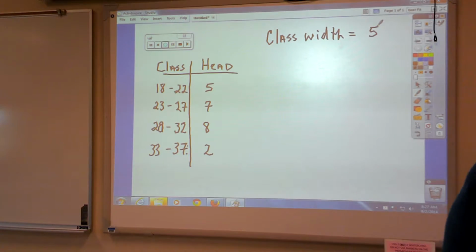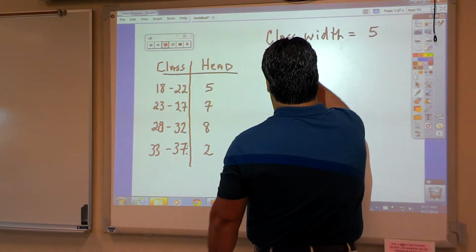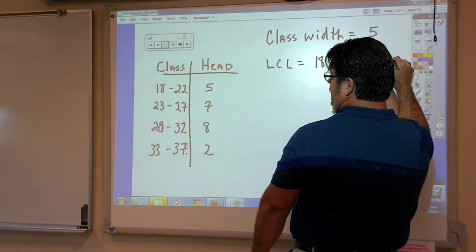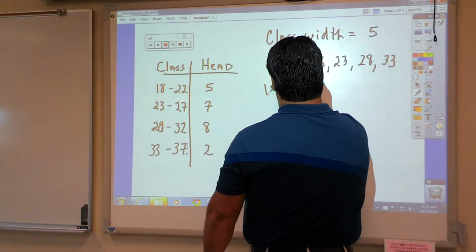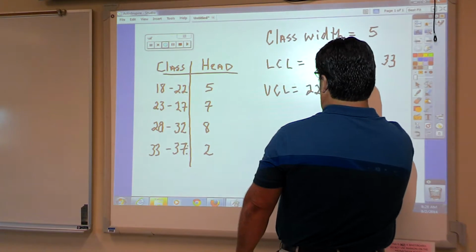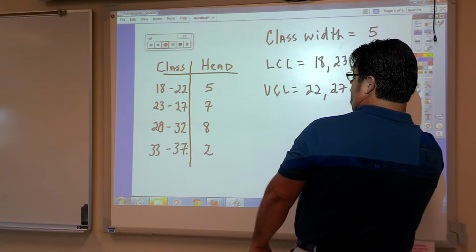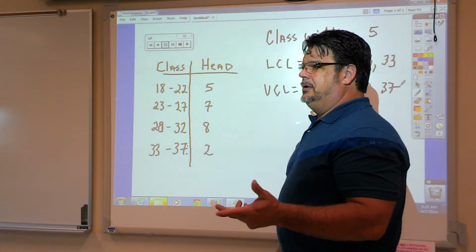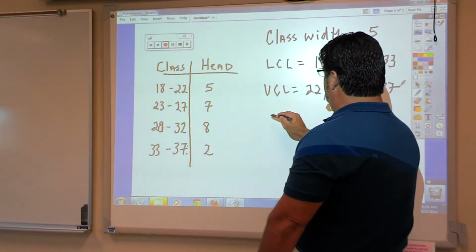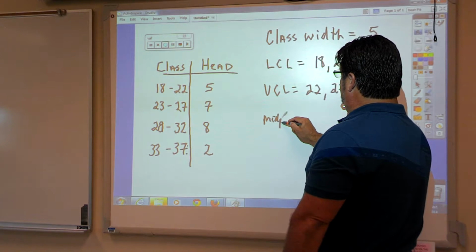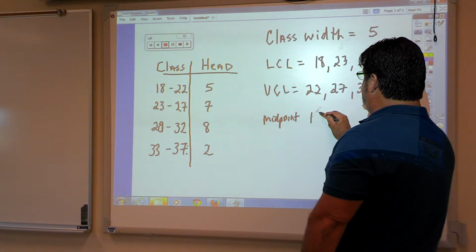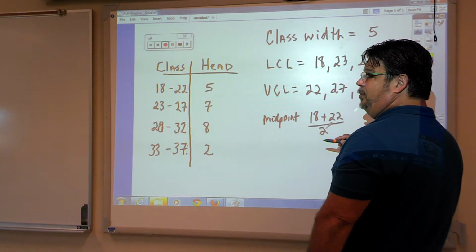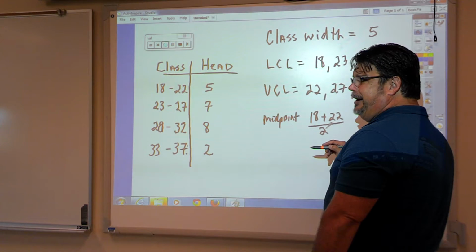What's my lower class limits? 18, 23, 28, and 33. Upper class limits? The reason you don't need a calculator is because you find your first midpoint, 18 plus 22 divided by 2, well, 18 plus 22 is what, 40? 40 divided by 2?